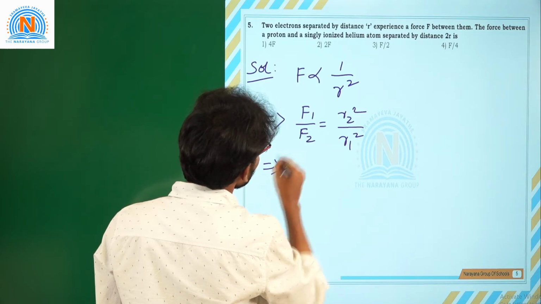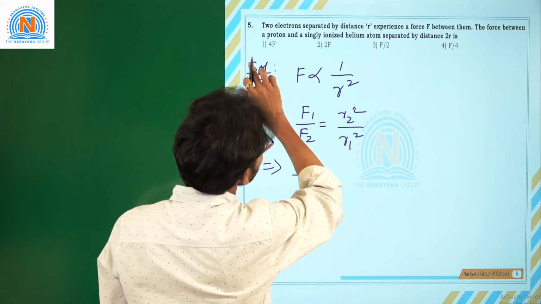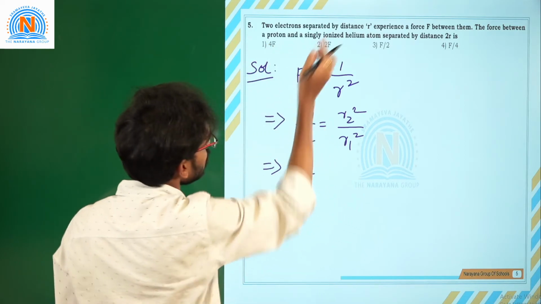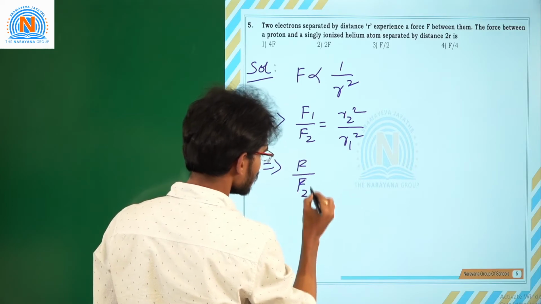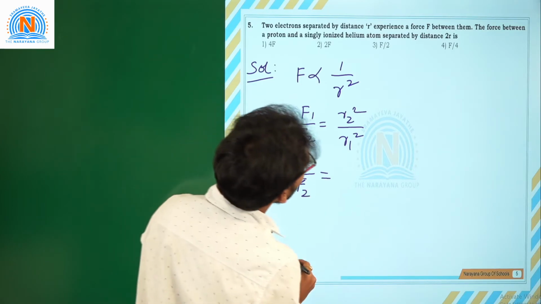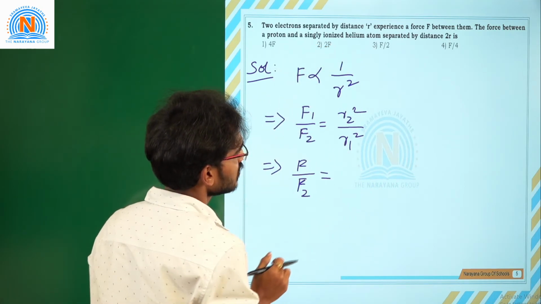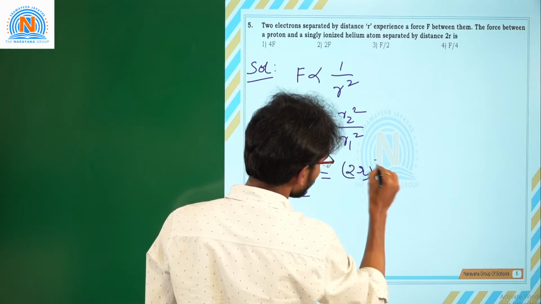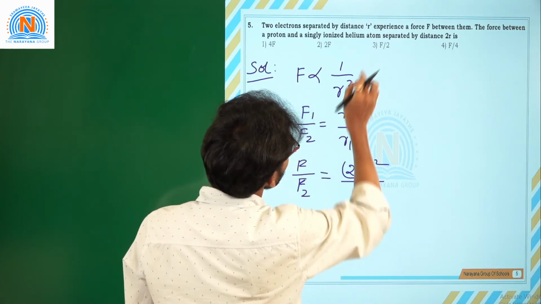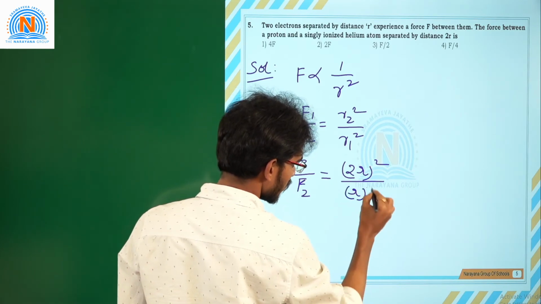That implies F1 is given already, that is F, and we are asked the force between the proton and single ionized helium, which I have named F2. That is equal to R2 square, the separation distance between the proton and single ionized helium, 2r whole square, by R1 square, the separation distance between the electrons, that is r square.